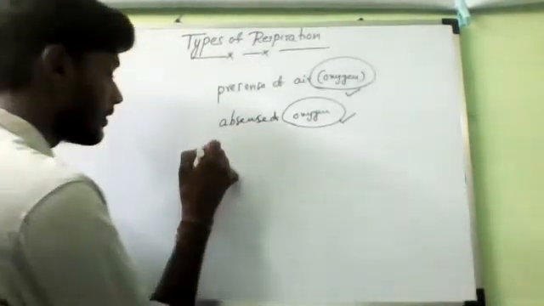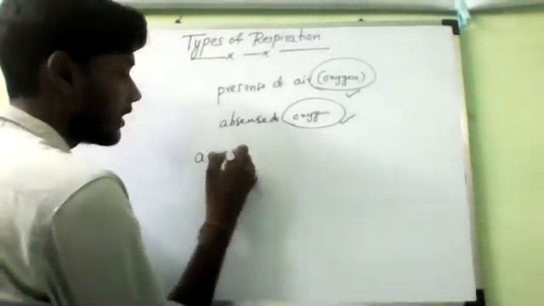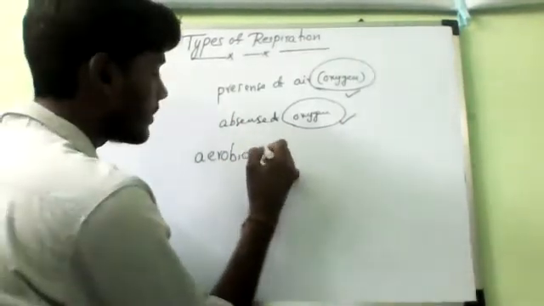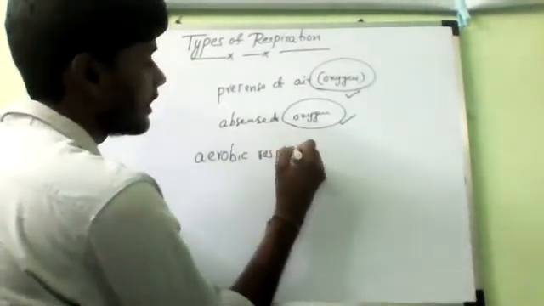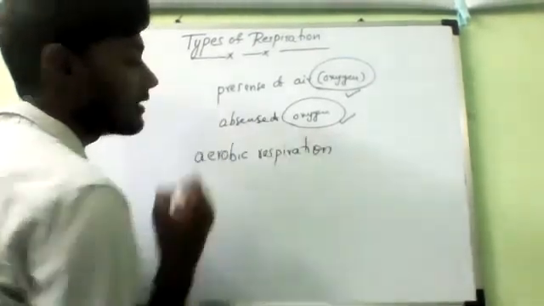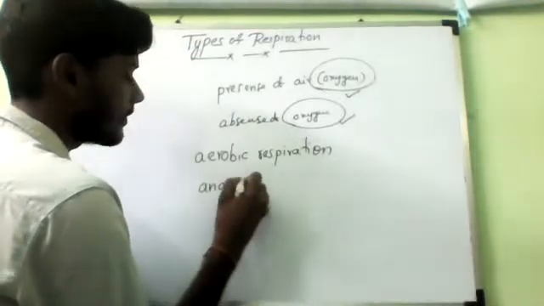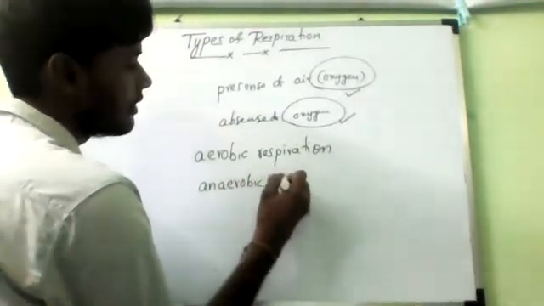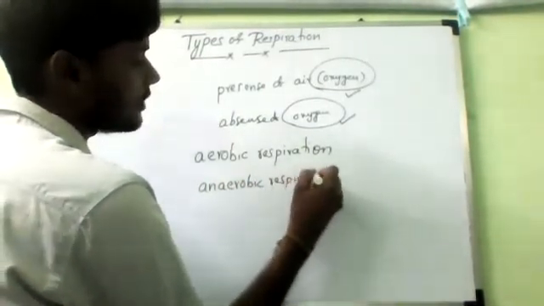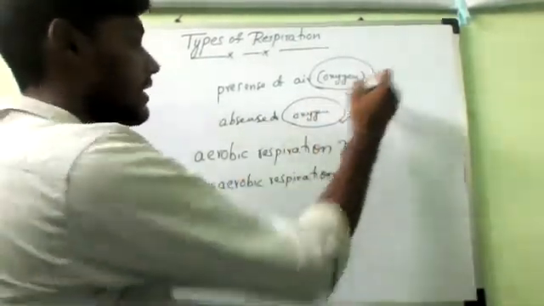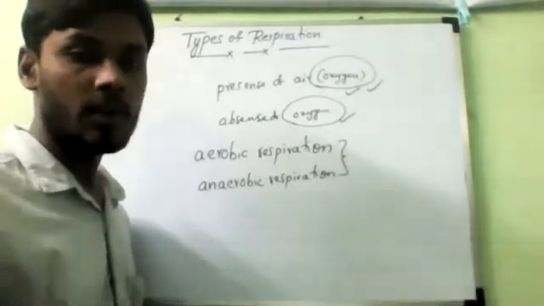What is the first one? Aerobic respiration. And the second one is called anaerobic respiration. These are the two types of respiration. One is in the presence of oxygen, one is in the absence of oxygen.